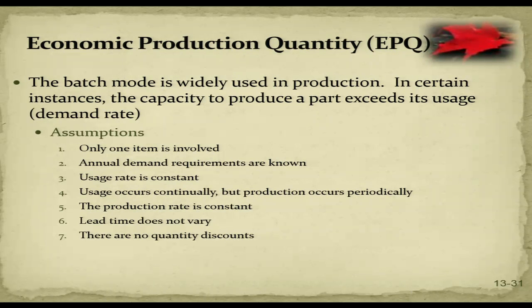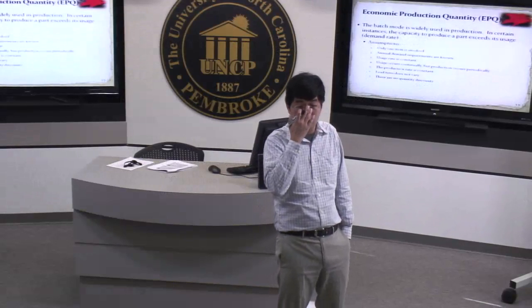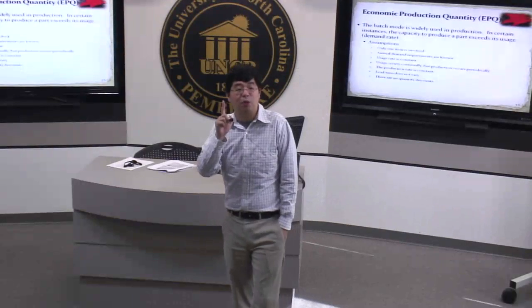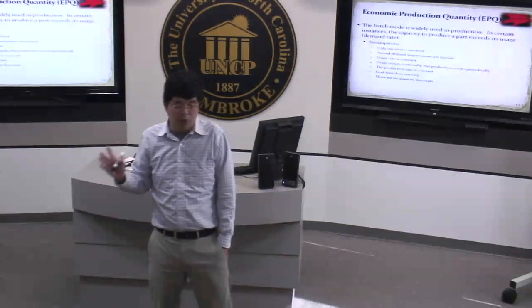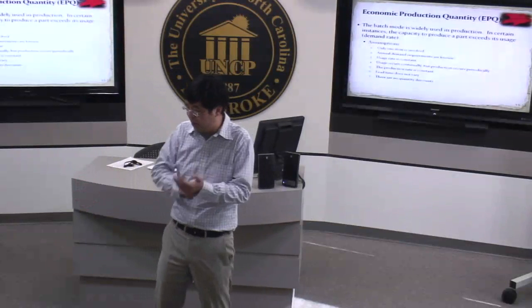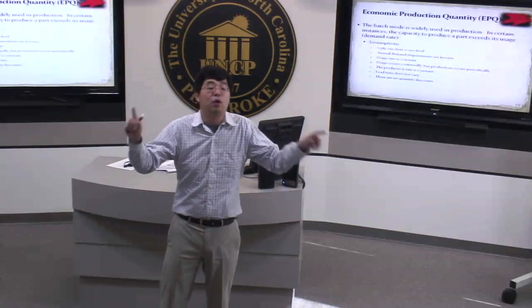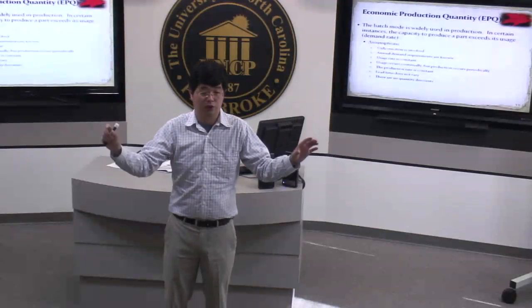You still have to place an order for raw material, but we talked at the beginning of this chapter about the many types of inventory: raw material, work in process, maintenance inventory. But what's the most important inventory? Finished goods, right?